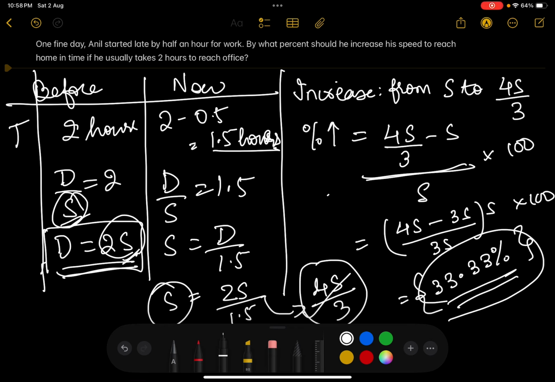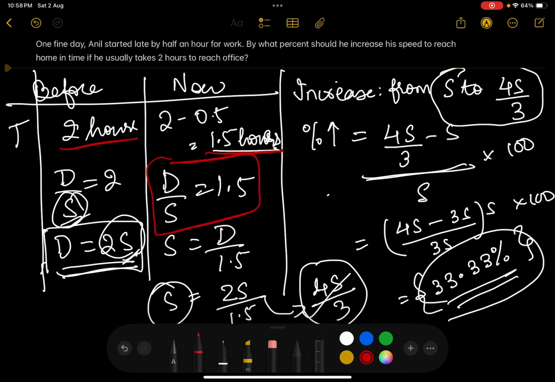So the basic concept here is that we are comparing the speeds in order to understand the increase in the speed, right? Just to summarize, initially he was taking 2 hours, now he's taking 1.5 hours, correct? To make this equation simpler, we expressed d in terms of s.